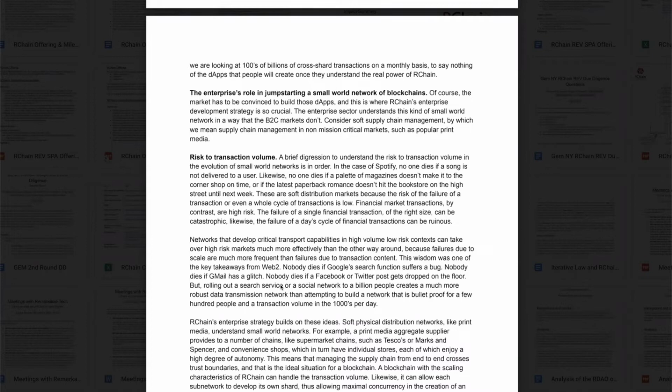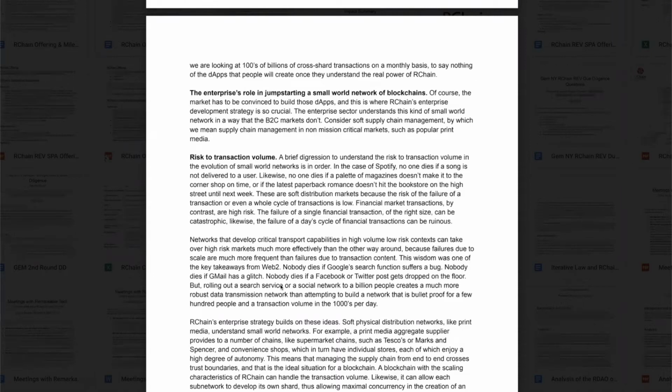So if you're talking about popular print media, as an example, no one dies if the tabloids get delivered to Tesco's the next day, or if the latest paperback romance doesn't hit the bookstore on the high street until next week, right? Nobody dies, right? So that's what I mean by soft. You have transactions that can fail without catastrophic loss, right?